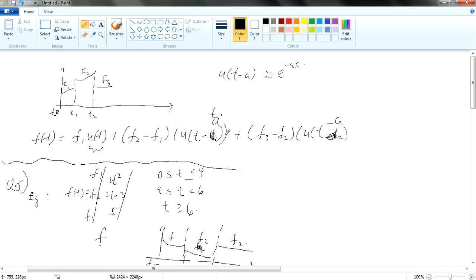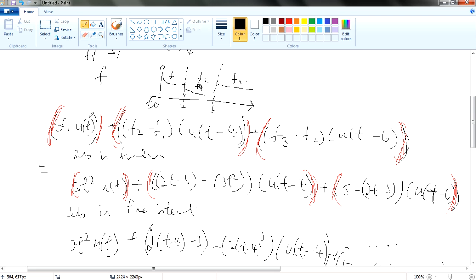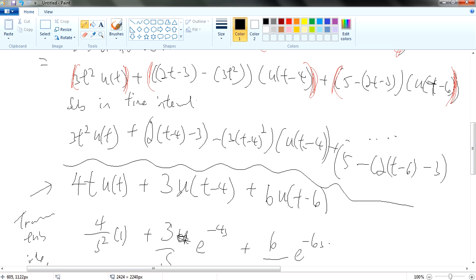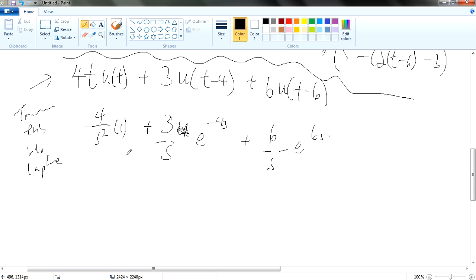You set up this equation in terms of this relationship, and then sub in the function and the intervals. You solve for it, rearrange, and transform into Laplace, and then you have the answer. If you want, you can transform back to the time domain.